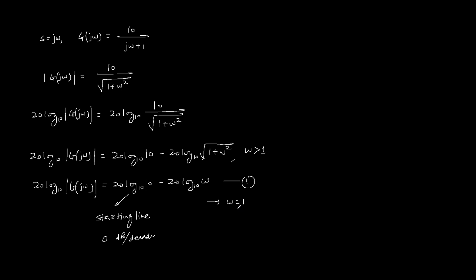So omega equal to 1 is the first corner frequency, after which the slope of the Bode plot is changing. And what is the slope after first corner frequency? It is minus 20 dB per decade. Okay.